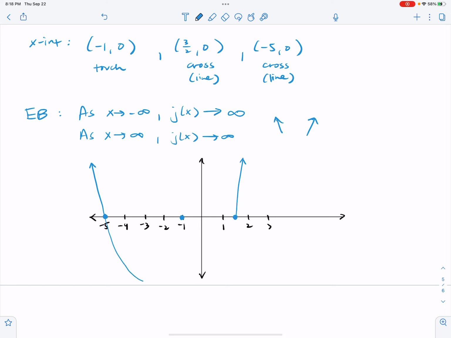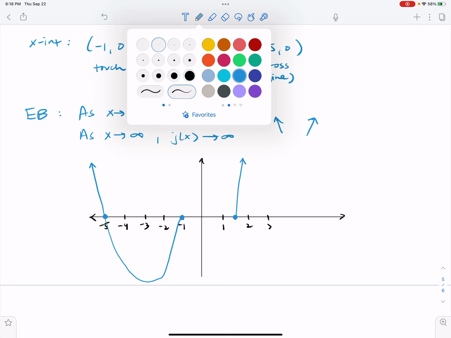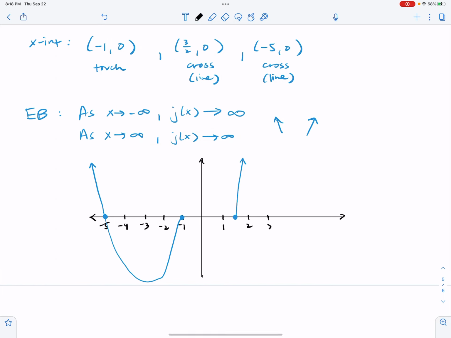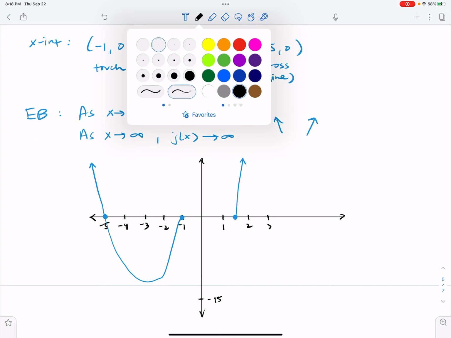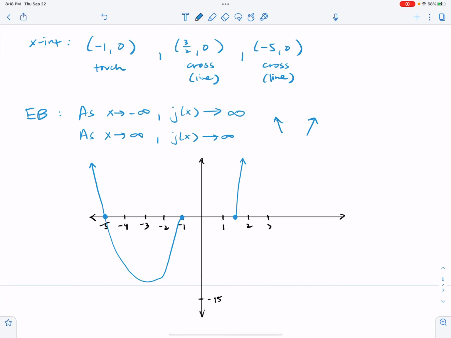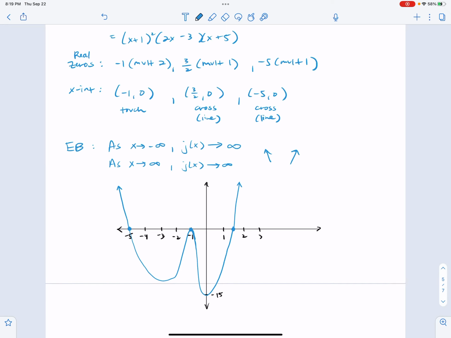It'll come down and touch at -1, and then a y-intercept of -15. I'm just going to make this go down a little bit further. We'll just estimate. Let's just say -15 is down here. This is just a sketch. So it'll come down, maybe cross. Maybe that's the lowest point. Maybe it's not. We don't know. So it'll look something like that.